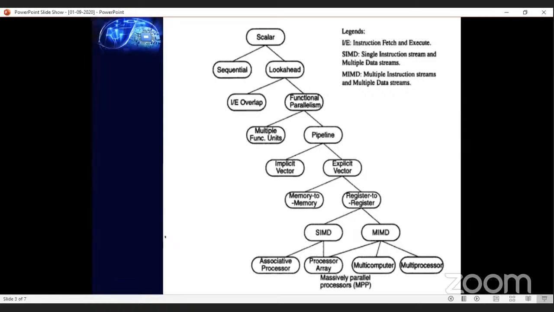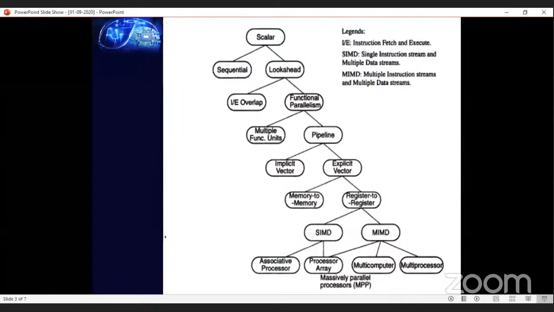This is the evolution of computer architecture that we discussed in the last session. The evolution of computers started from scalar, and now it contains parallel processing. So these are all the concepts we discussed.